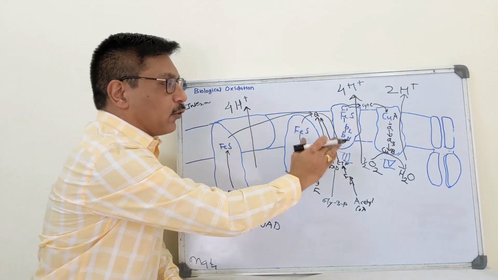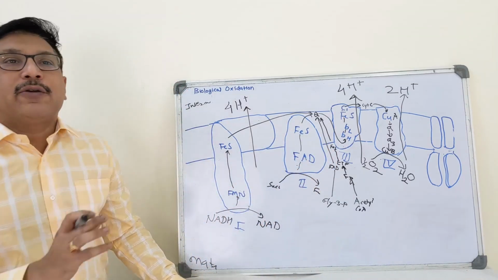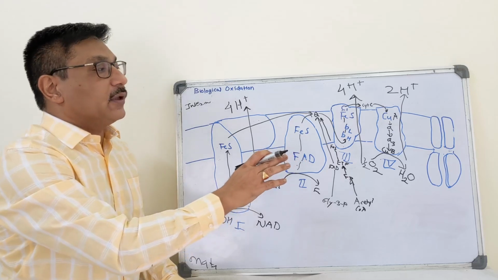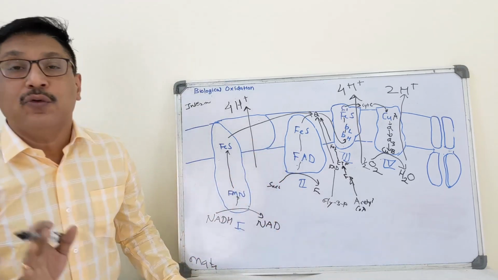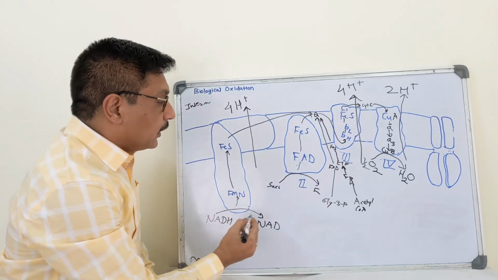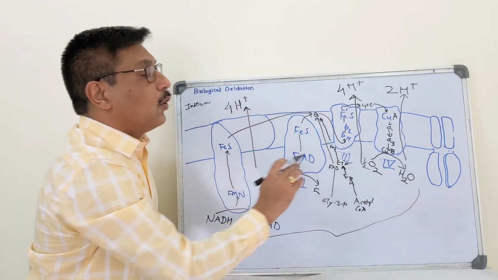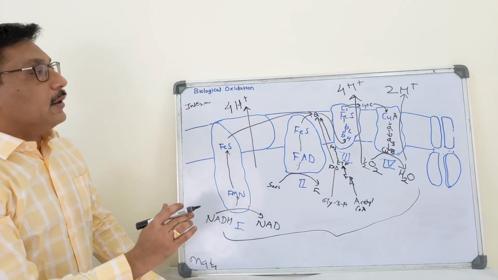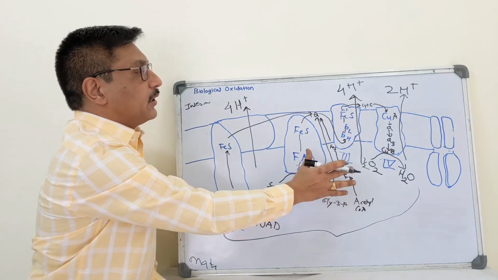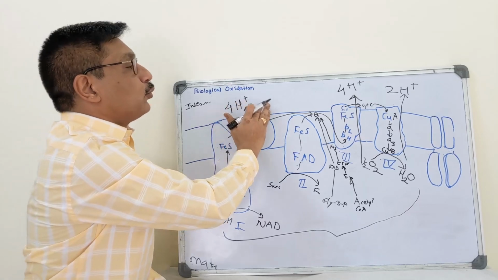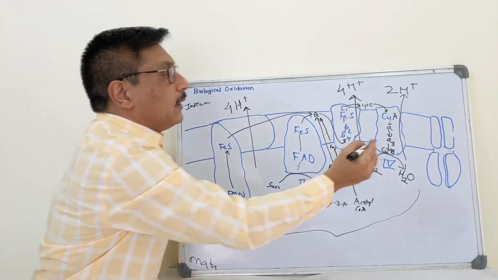The flow of electrons through the electron transport chain generates ATP by a process called oxidative phosphorylation. So from here to here it is oxidation, and this oxidation is coupled with the help of these protons which are pumped outside.